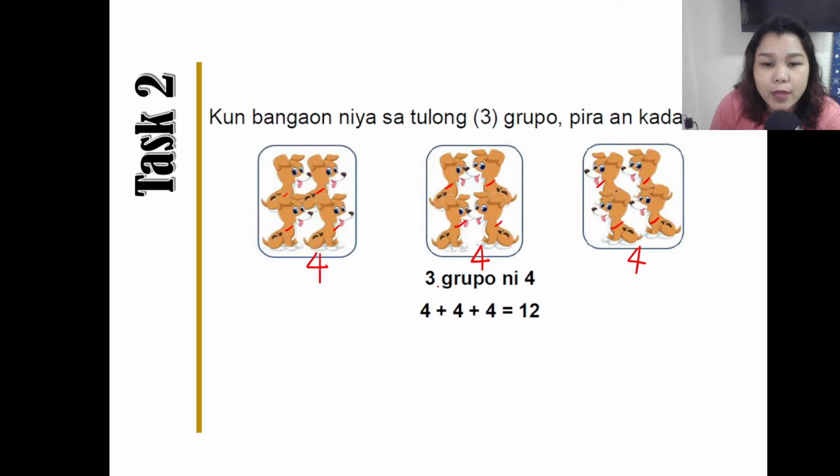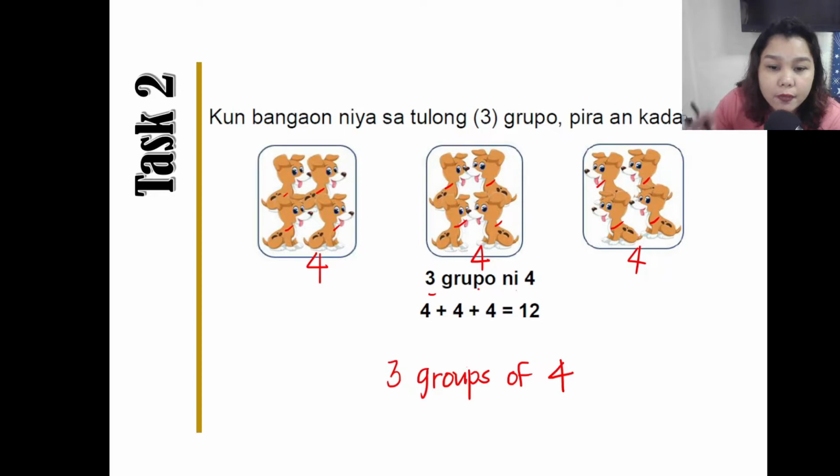So, that's why we have 3 grupo nin 4. 3 groups of 4. Ibig sabihin, 3 groups, and in each group there are 4. 4, 4. So, kaya, masusulat siya as 4 plus 4 plus 4 equals 12. So, yan ang equivalent expression.